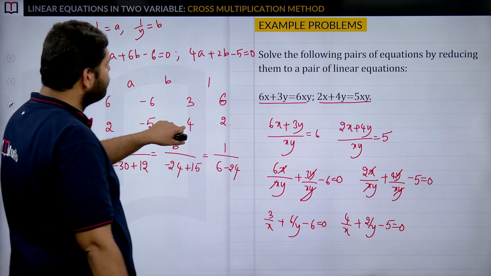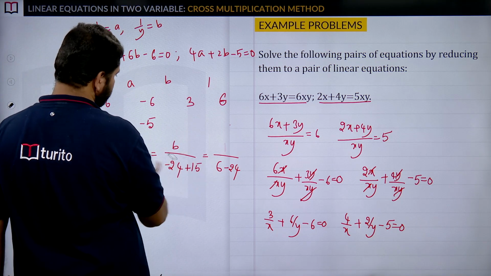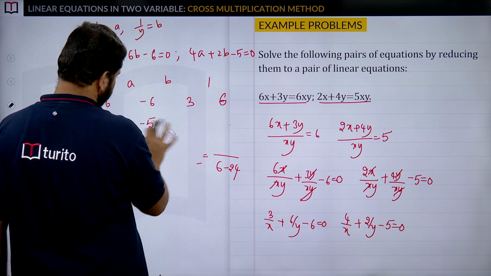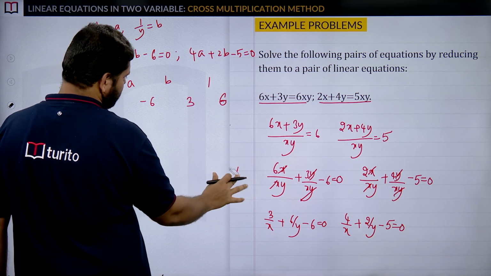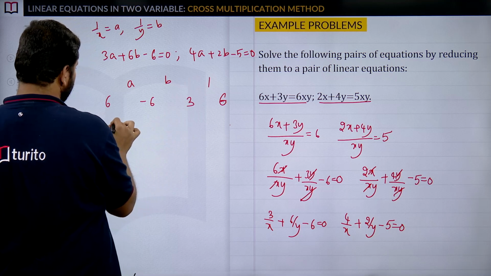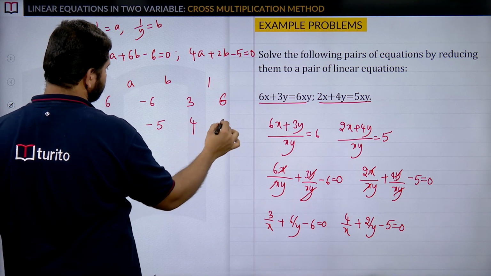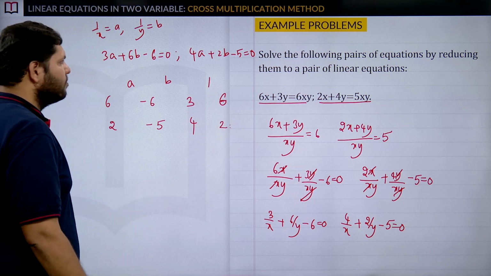So, children, it is not 4, I think. Let me check. So, this is not 4, children. We wrote wrong. Just look at the board. So, what is here? B. And this is a minus 5. Yeah, it is 4 only, children. Okay.